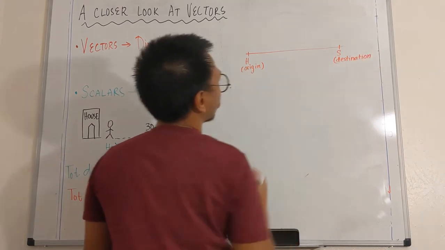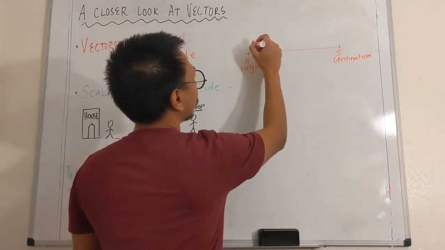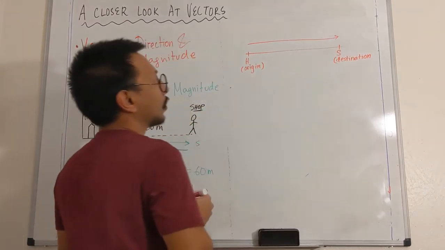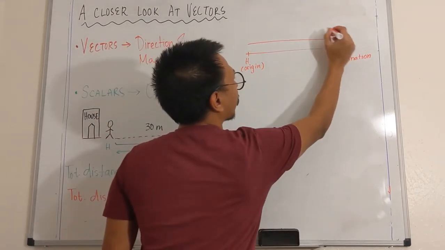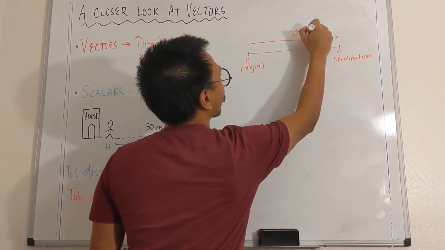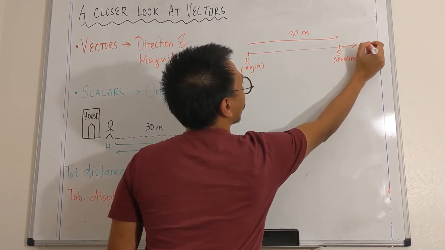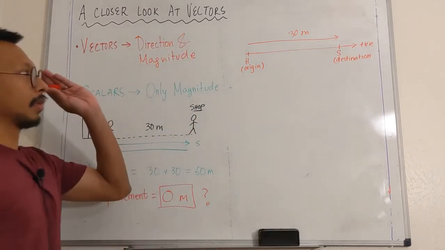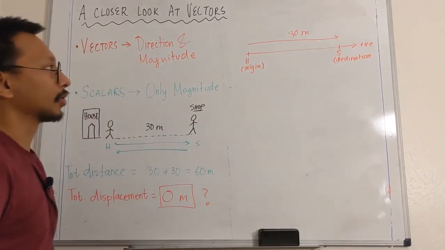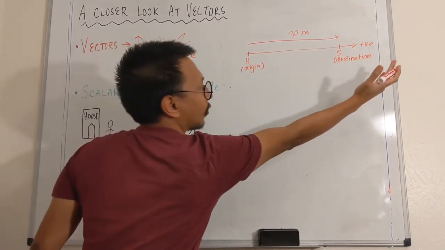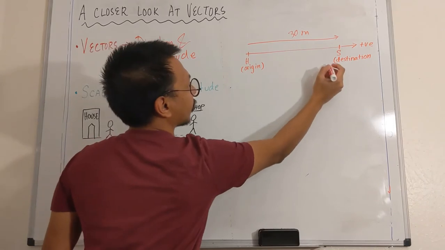In that coordinate system, you go this way 30 meters to the shop, and anything going this way is positive, and so anything coming that way from right to left is negative.